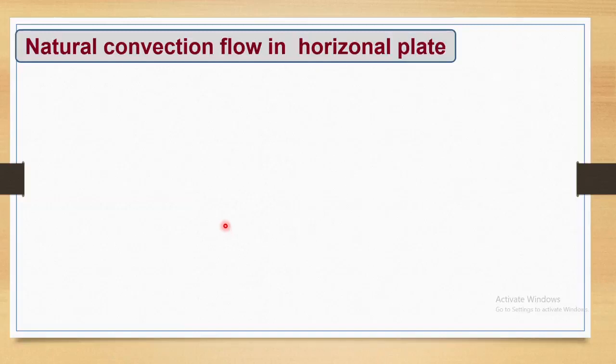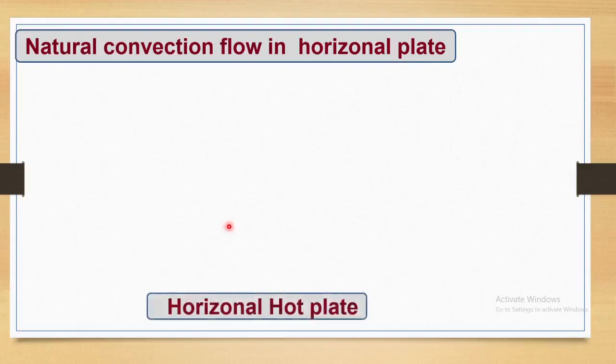Now, natural convection flow in a horizontal plate. How the temperature profile will vary if a horizontal plate is exposed to the fluid. So let us first consider a horizontal hot plate. Let us consider a hot plate is placed horizontally and is exposed to cold fluid.